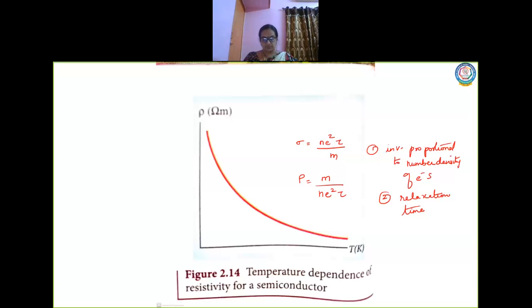R1 is 3 ohm. You should determine the resistance R2 at 100 degrees Celsius. So go for the formula RT is equal to R0 into 1 plus alpha times T minus T0. Substitute the values, and you will get R100 to be 3.96 ohm.